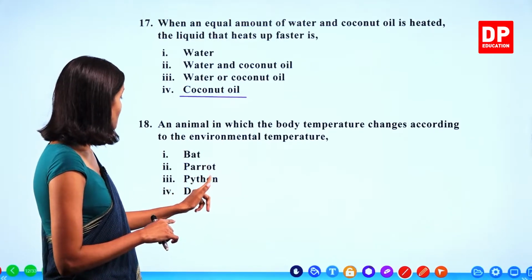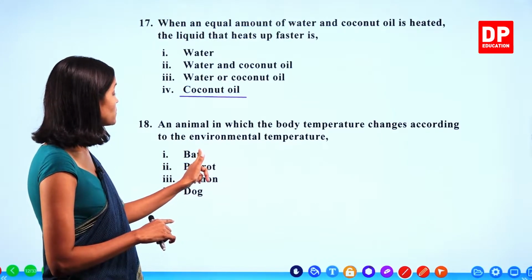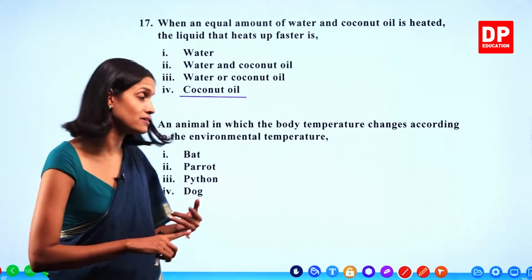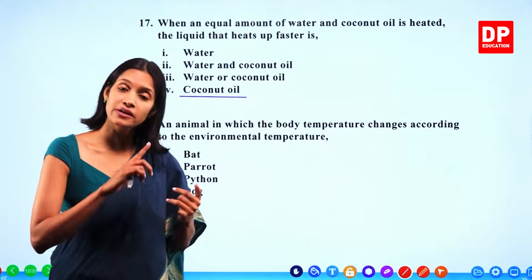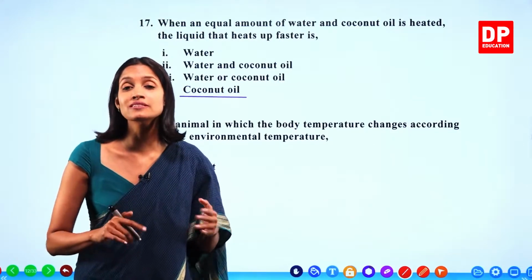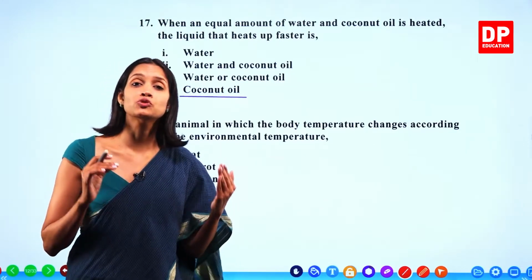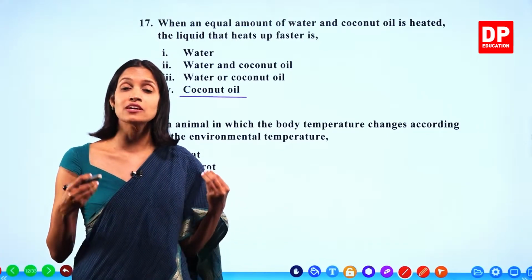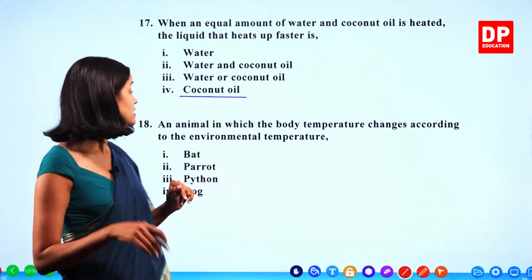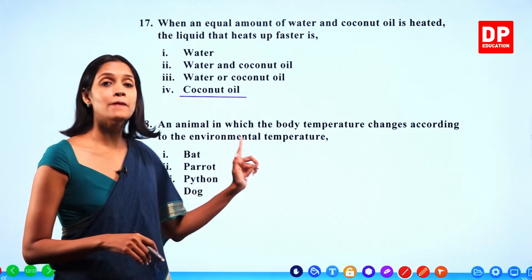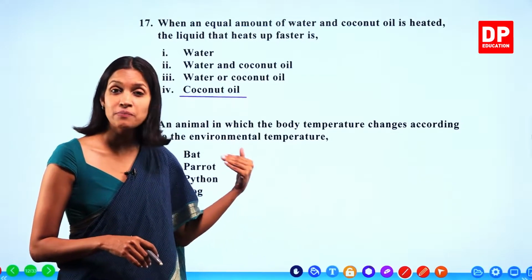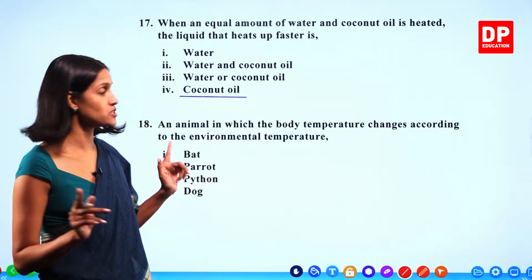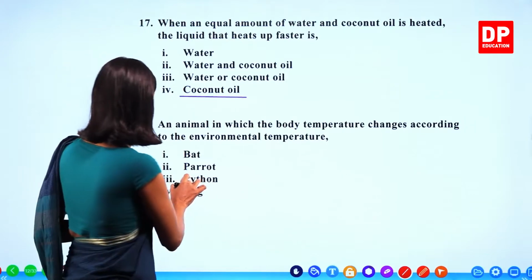Bat, parrot, python, dog. Bat and dog are mammals. Mammals are warm-blooded. Parrot is a bird. Birds are also warm-blooded, which means their body temperatures do not change along with the environmental temperature because they maintain a constant body temperature. But python is a reptile. Reptiles' body temperature changes along with the environmental temperatures. So the answer is python.